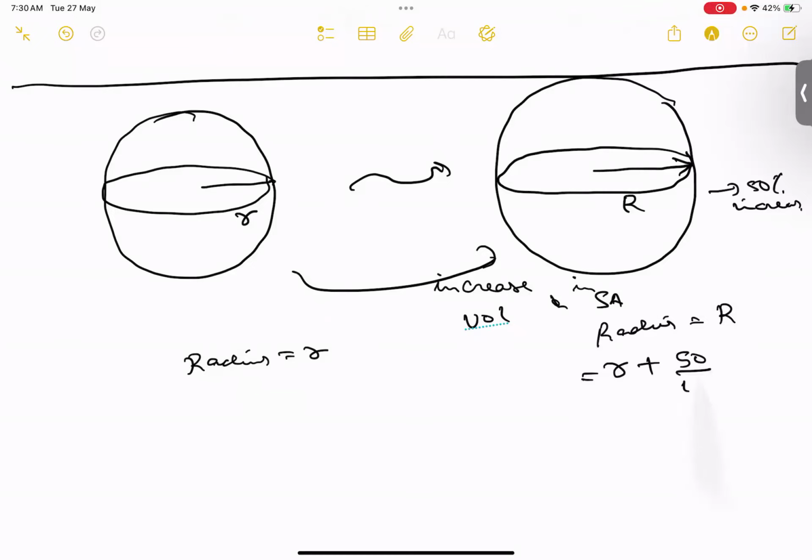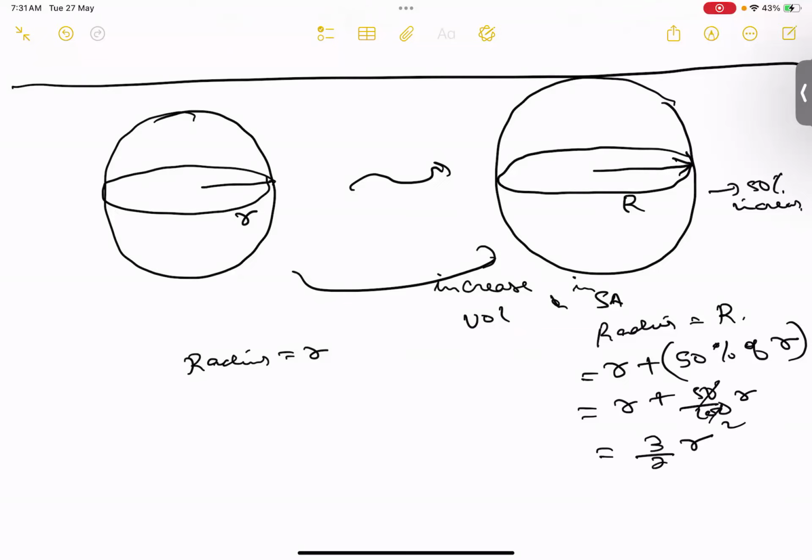Now in the new, 50% of r, r plus 50% of r, which means increased by 50%. So it's r plus 50 by 100 r is equal to r plus r by 2 is equal to 3 by 2 r. So the new radius is 3 by 2 r, right? So this is the original radius and this is the new radius.